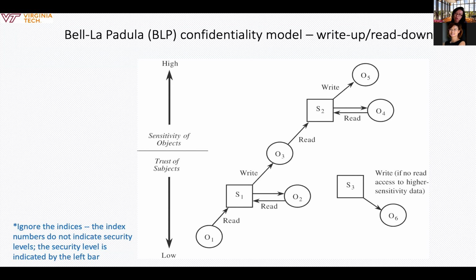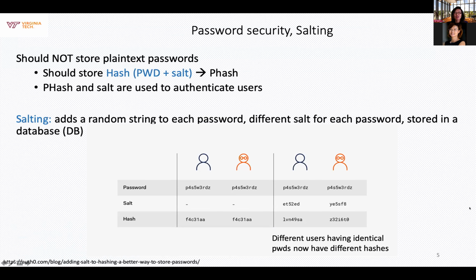That means you can only write up, submitting information to your general or to top secret officials, but writing is not allowed downward. Again, last time we talked about how a military general will not be able to email a lower-ranked official or individual to ask him to buy some food. So this figure has no problem.